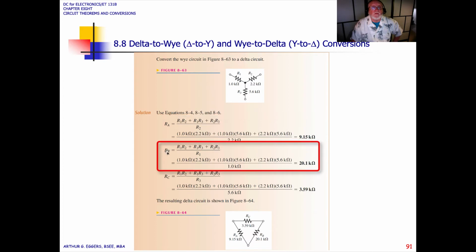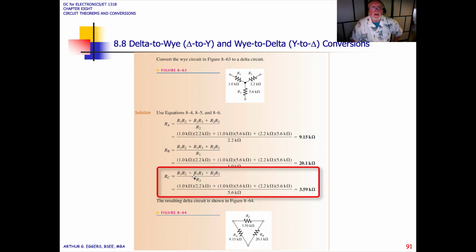We do the same thing for RB. RB becomes, again, that sum of the products, but this time we divide by R1, and we get 20.1 k ohms. And for RC, again, the sum of the products divided by R3, we get 3.59 k ohms.